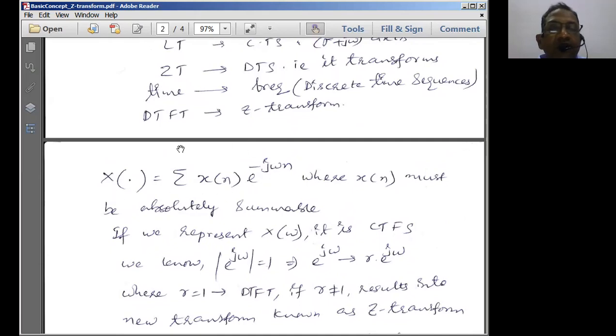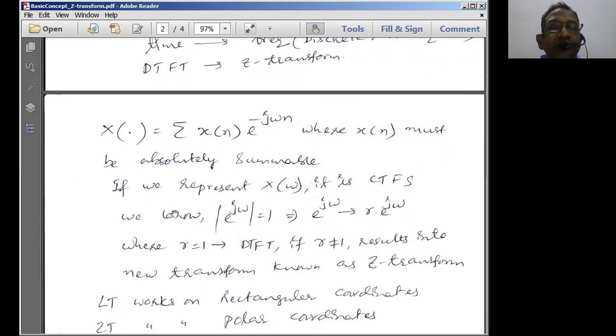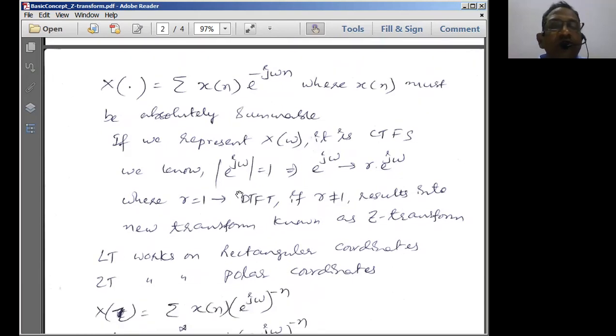This is the basic form of the discrete time Fourier transform. If you represent X of omega, it is similar to the continuous time Fourier transform representation. If you use a discrete value, something like n times omega s, then it is called the discrete time Fourier transform. Now we are discussing in terms of the Z transforms.